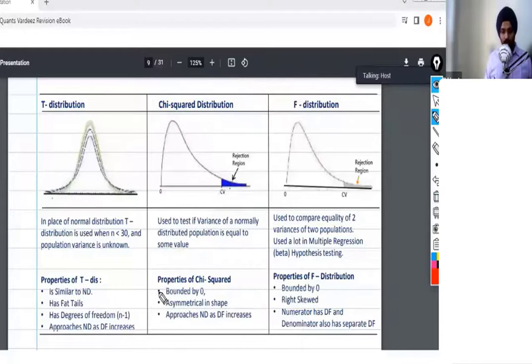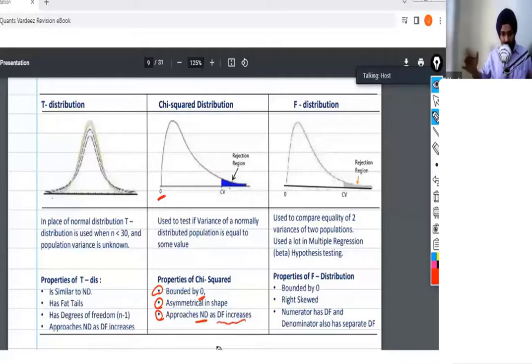But more important, what are the properties of chi-squared? It's again bounded by 0. It's asymmetrical in shape. As you can see, there is asymmetry, just like a log normal distribution. And it also approaches a normal distribution as degrees of freedom increases.